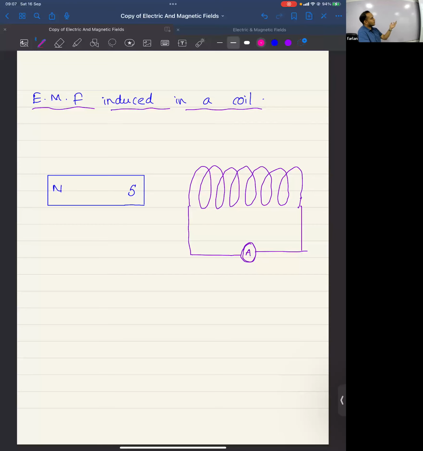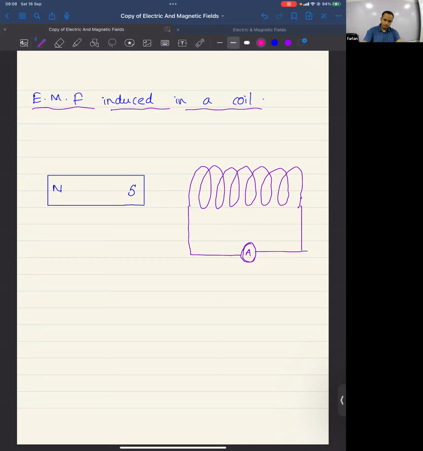So there are two ways that you can do it. Either you can keep the coil stationary and move the magnet, or you can keep the magnet stationary and move the coil towards and away from the magnet. In either case, there will be an EMF induced in the coil, so there will be a current in the coil. Correct? Now let's say you keep the coil stationary and you move the magnet towards and away.